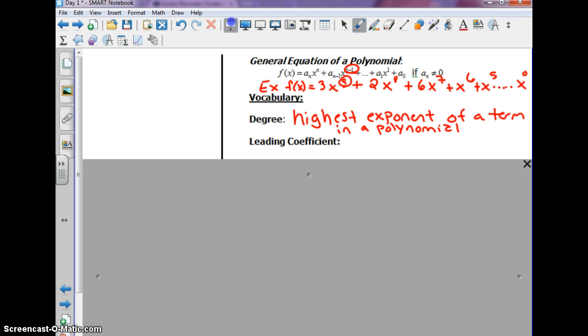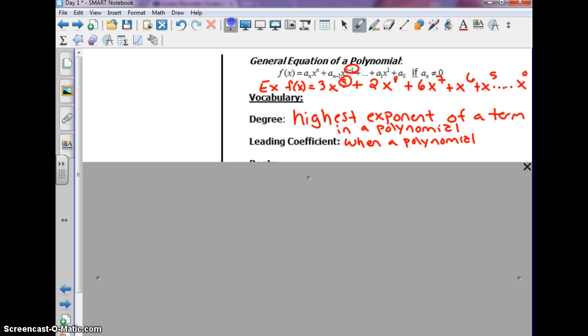The leading coefficient, think of what a leader is. A leader is right in the front. So my leading coefficient is the coefficient that's in that first term. So if you have a polynomial, when a polynomial is written in descending order, which means that your highest exponent is first, then the leading coefficient is the first coefficient.